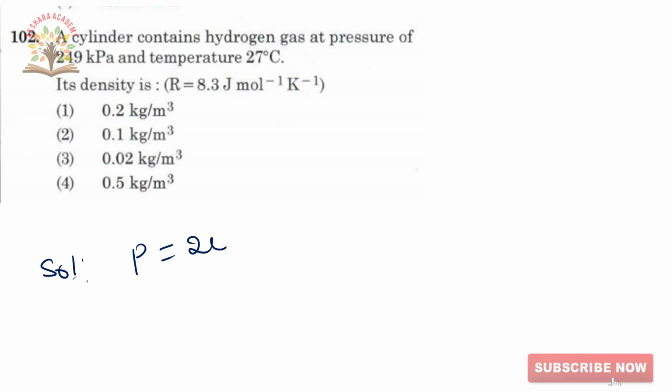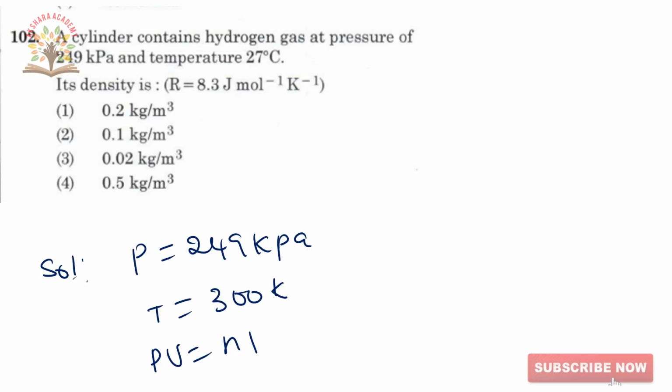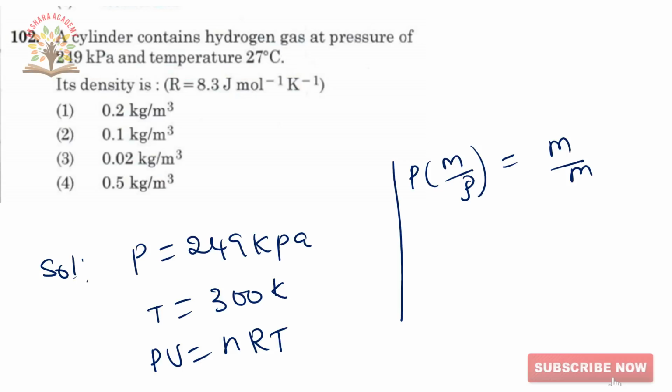P is equal to 249 kilopascals, the temperature is equal to 300 Kelvin, and PV is equal to nRT. Substituting n as M by M naught, rho is equal to M by V, so rho is equal to PM by RT.